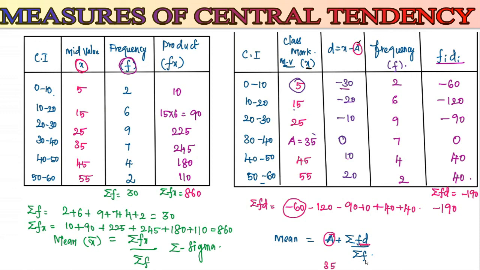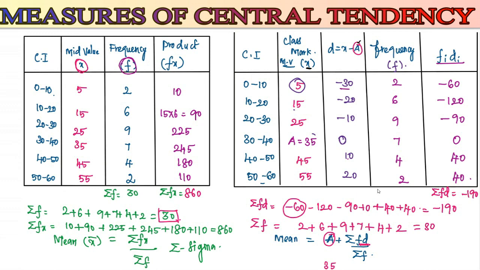Next you have to take sigma F. So sigma F is equal to 2 plus 6 plus 9 plus 7 plus 4 plus 2. When you add all these values, we already found this value is 30.